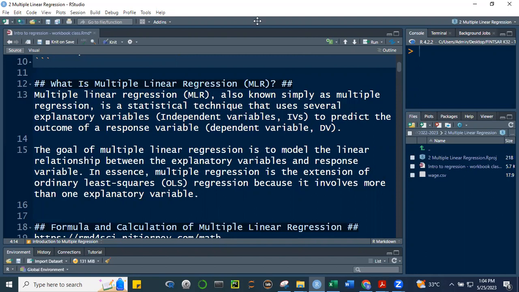Who among you have had this topic in your DSI, Decision Sciences series? I know you have some subjects in DSI, DSI-litic. Could you please chat if you have that subject before, where you discussed multiple linear regression or simple linear regression?